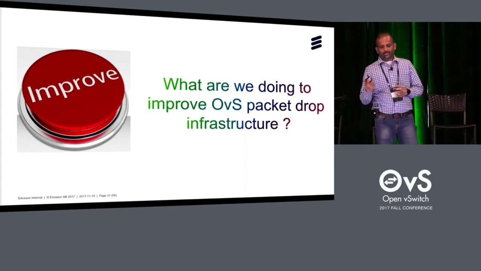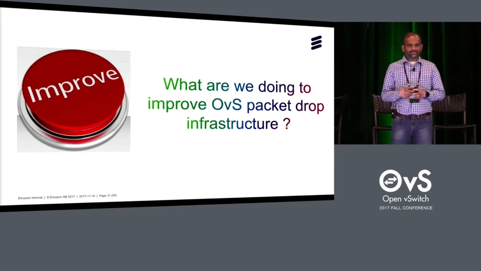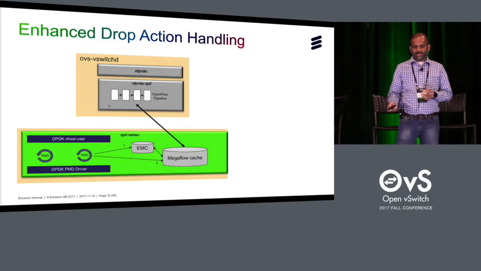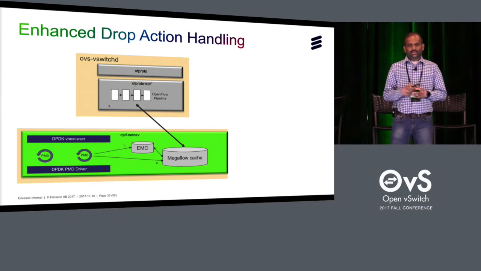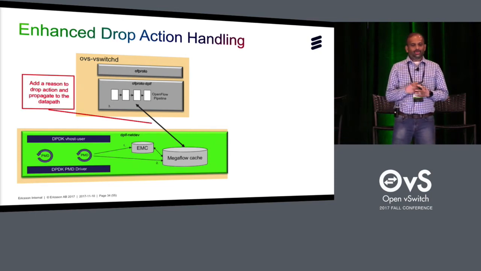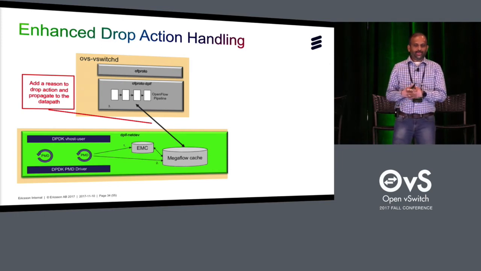Now let's look at what we are doing to improve this OVS packet drop infrastructure. First, we are enhancing the drop action handling. Currently, any errors in the OVS proto layer will result in installing the drop action. In addition to that, we are also storing the drop reason, basically the reason for installing the drop action.